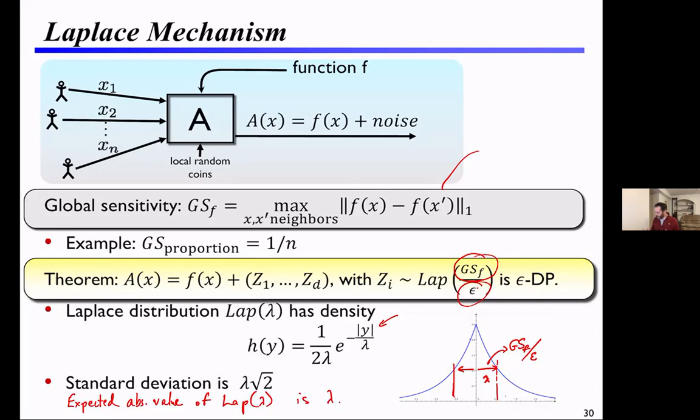So lambda is really a good measure of the scale on which you're adding noise. And what this tells us is we can add noise that's proportional to the global sensitivity and also proportional to 1/epsilon. And we can do this independently, adding noise independently to each entry of the vector of the function value.